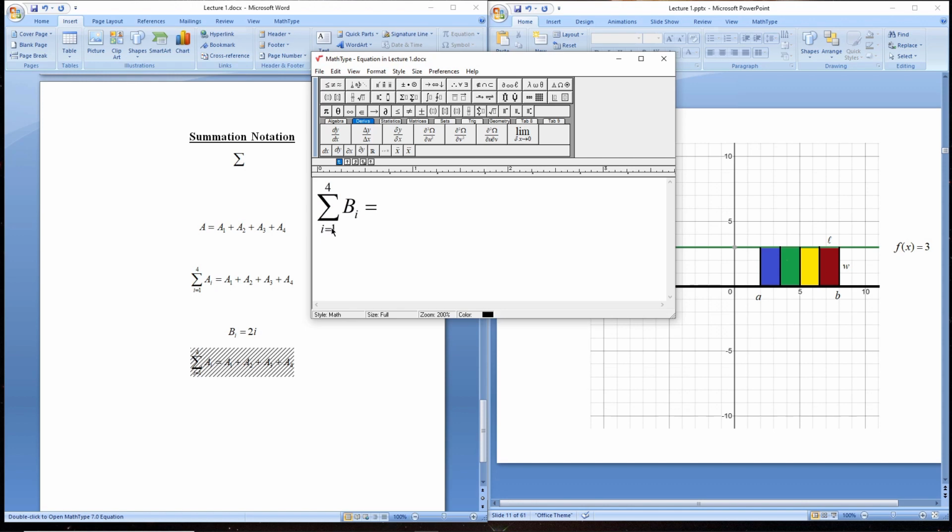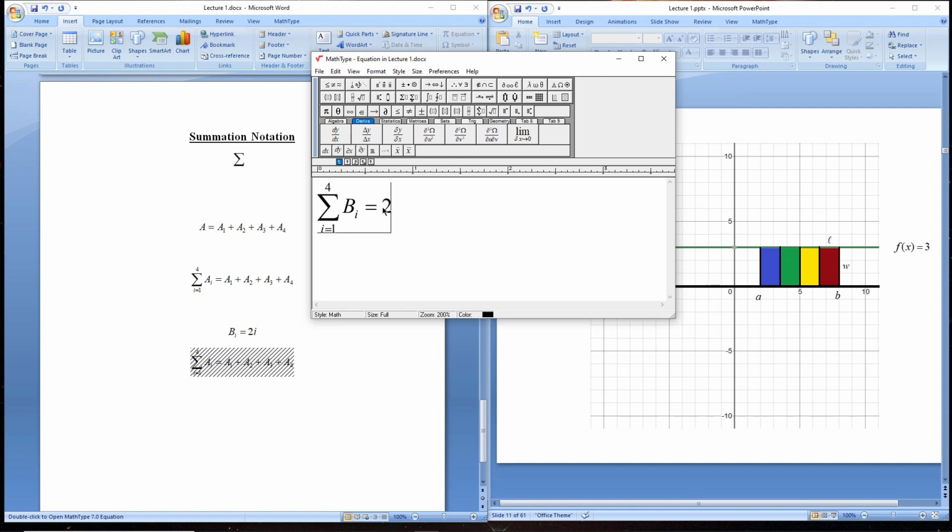So first we start with 1. We have i equals 1, so we have B sub 1. What does B sub 1 equal? We go to our expression for B sub i. If i is 1, then we plug it in, which means B sub 1 is 2.